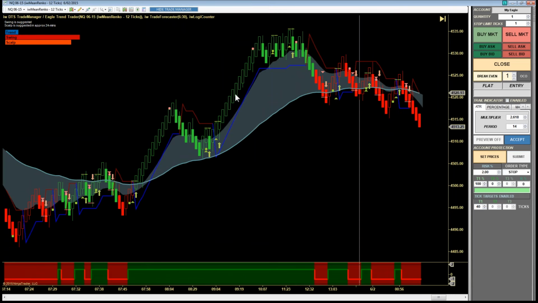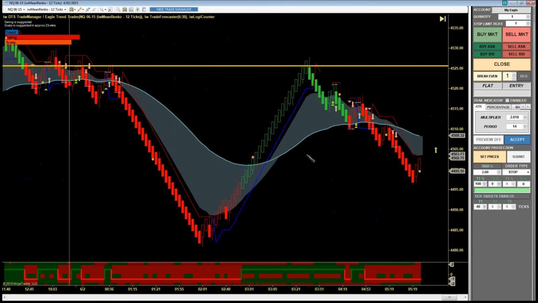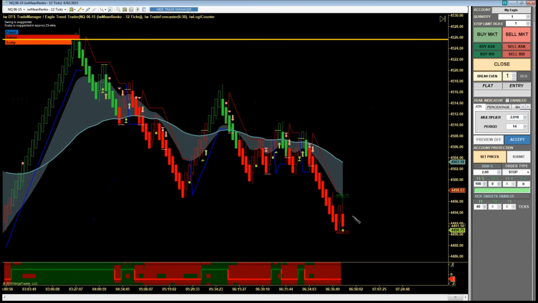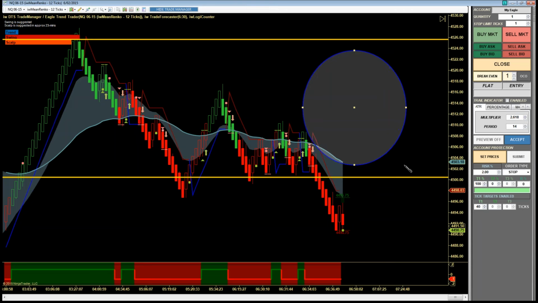Somewhere around here, around 45.25, give or take. So this was the closing price, and then they opened down here. So this is going to look like an opening gap.